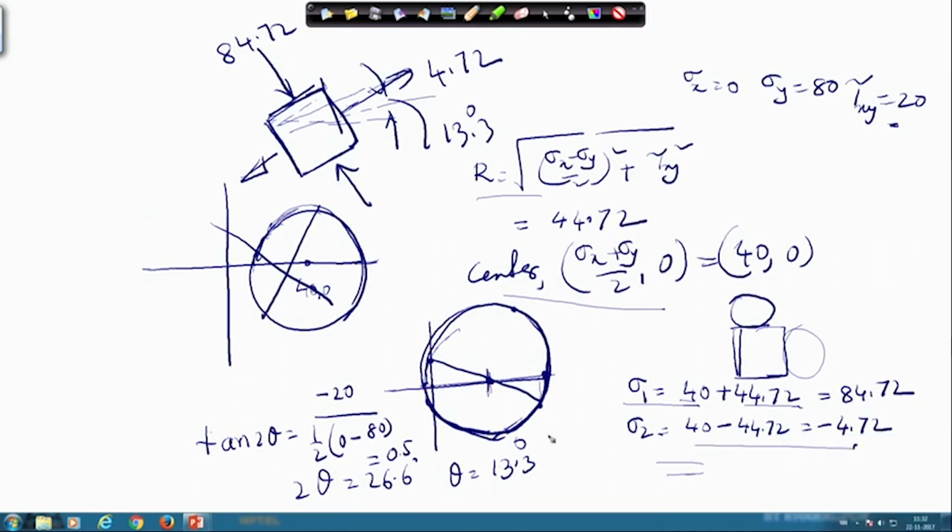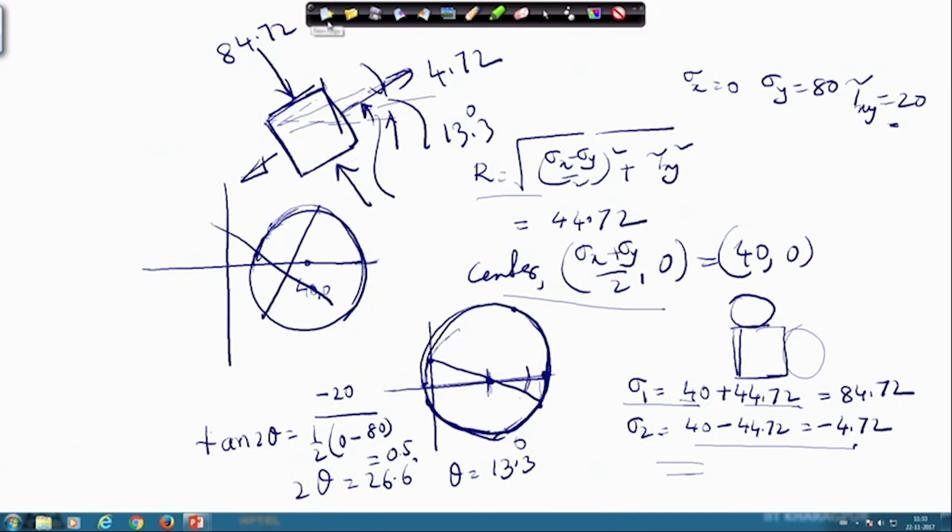And now, the angle: you can see the original plane was this, and this is rotated in this direction to get the maximum. Because of that, counterclockwise is positive. So, this is 13.3 degrees. This is one plane and this is another plane, another direction. So, these two planes will be 90 degrees to each other. So, that is one simple problem I have taken.